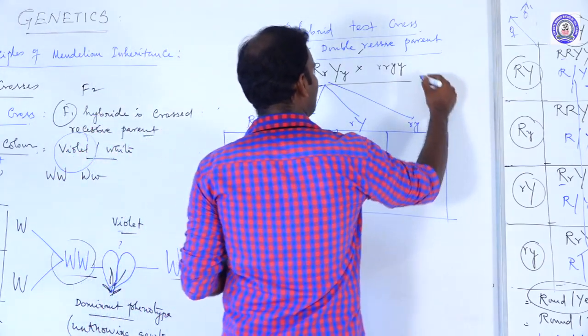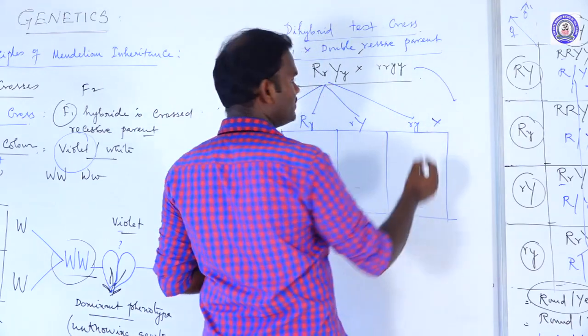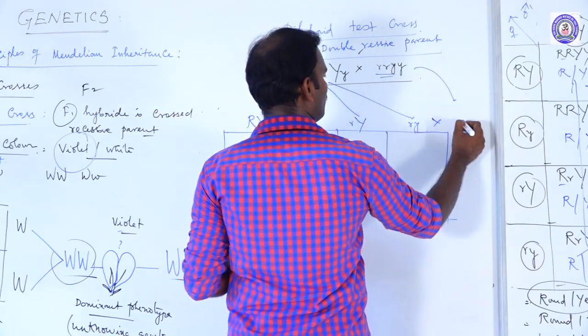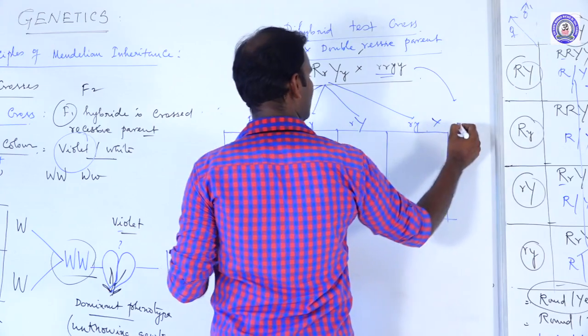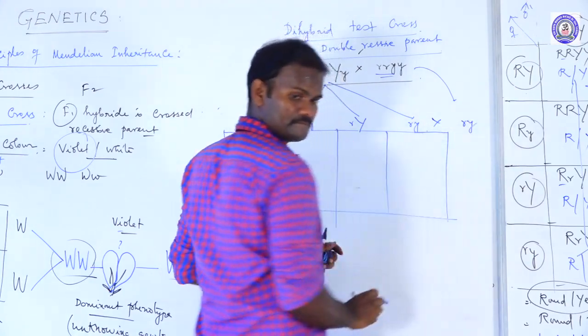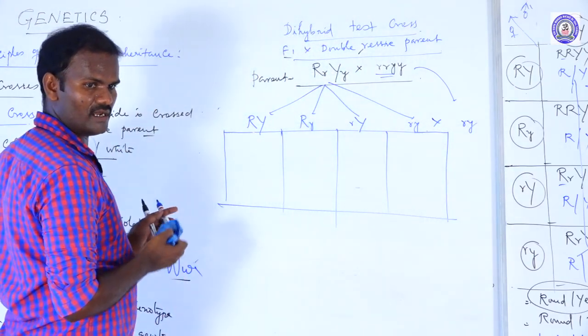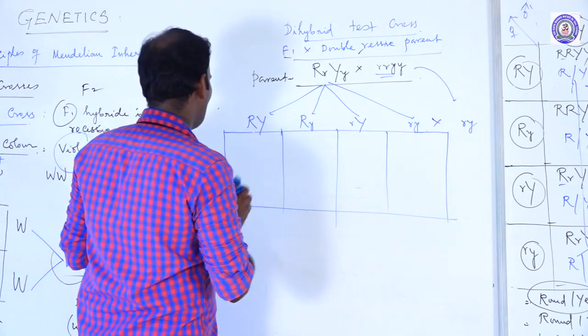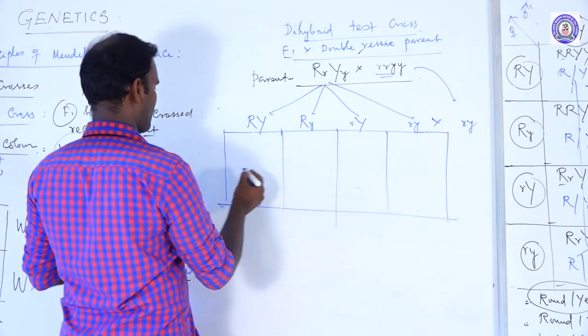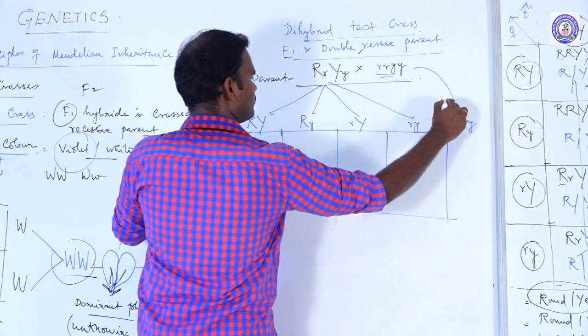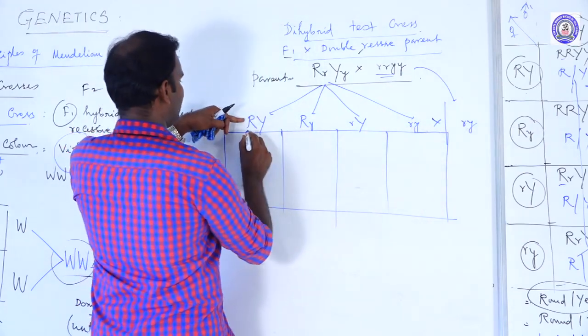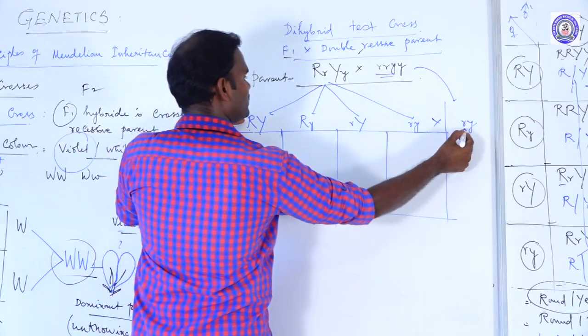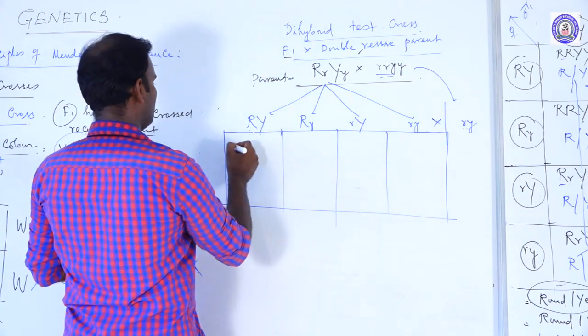Crossed with a double recessive parent. Here both are recessive, only one type is formed, small r small y. So if we cross this, the capital R capital Y crossed with the small r small y.